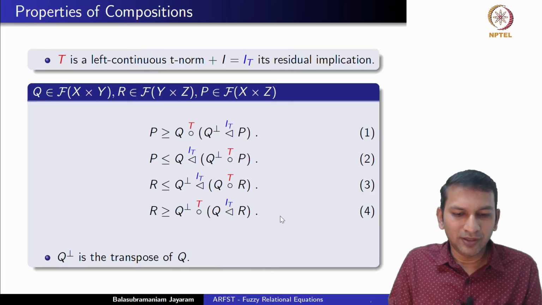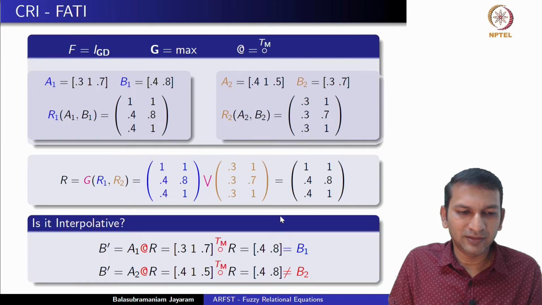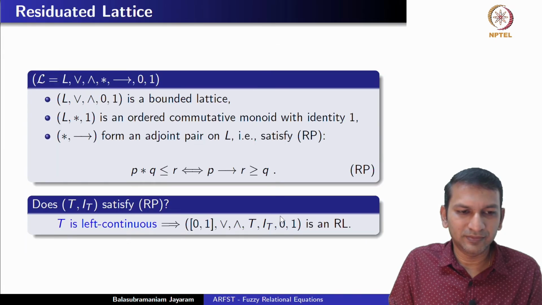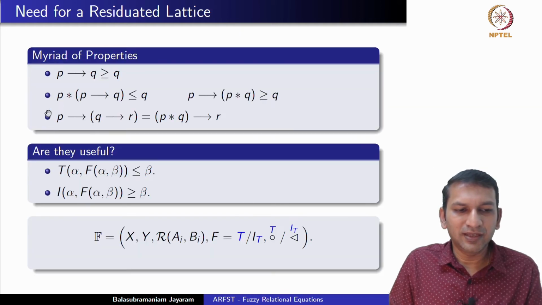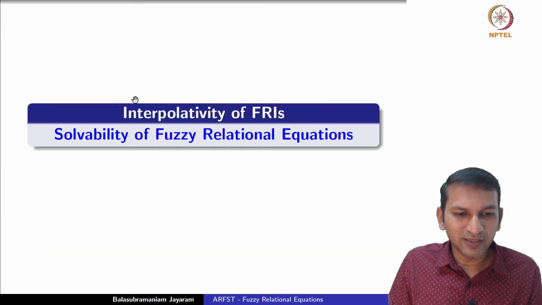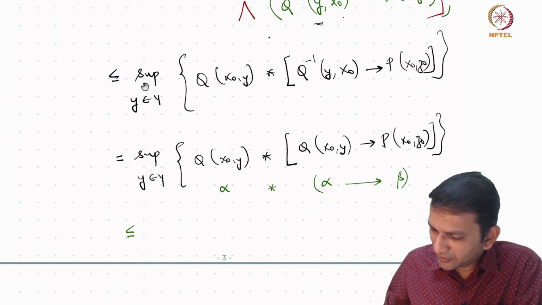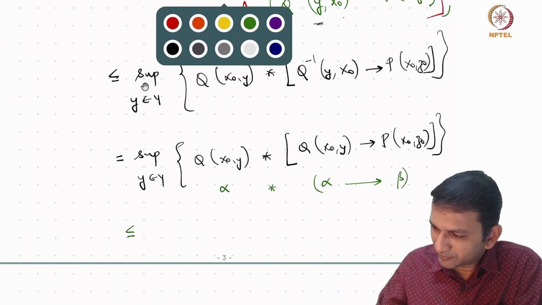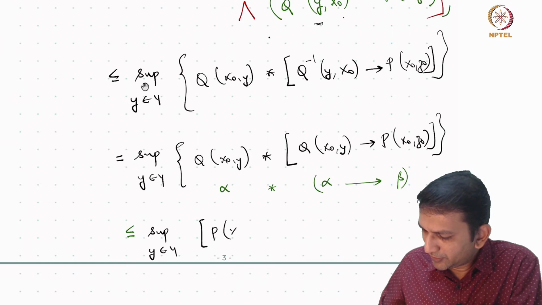Now we know from the residuated lattice that A star, A implies B is less than or equal to B. Which means we could write this entire thing as less than or equal to the supremum over y element of Y of P of (x0, z0).